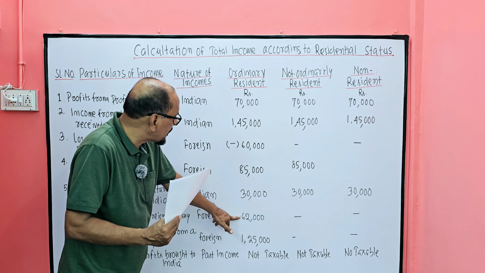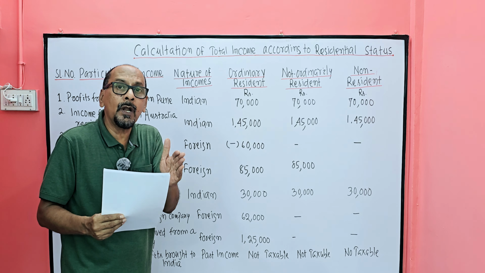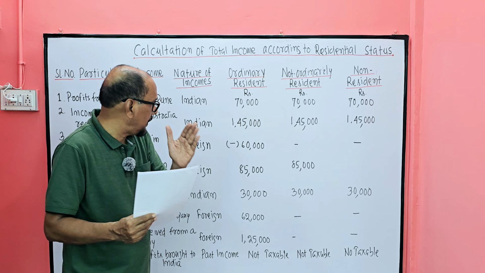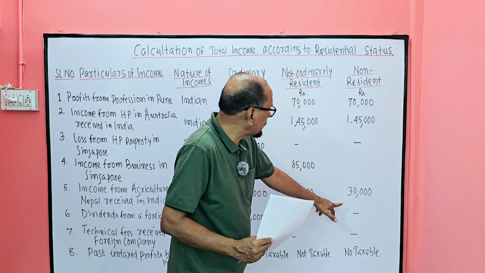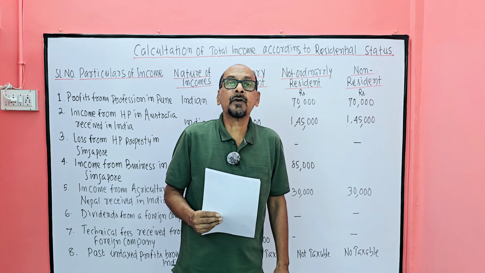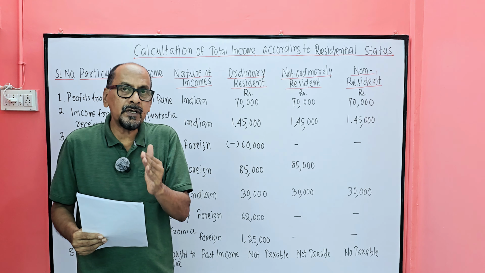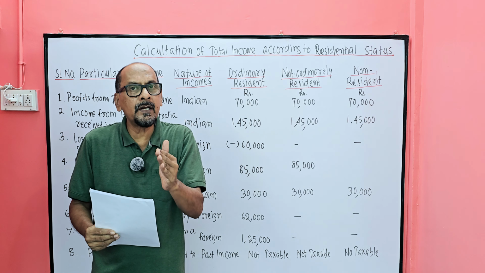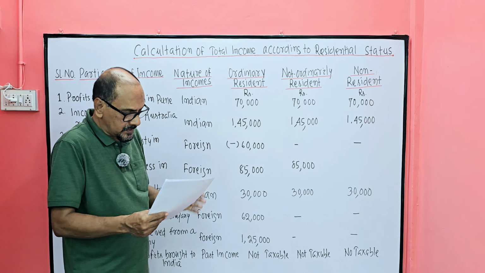Rupees 62,000 is taxable in case of an ordinary resident only. It is not taxable in case of a not ordinarily resident and not taxable in case of a non-resident. As it is a foreign income, it is only taxable in one category, that is ordinary resident.